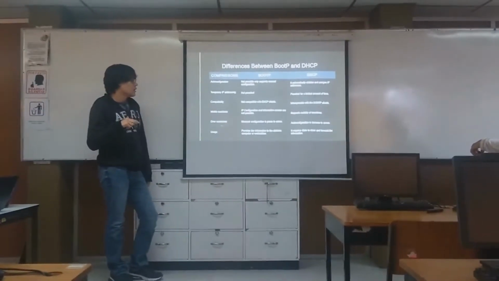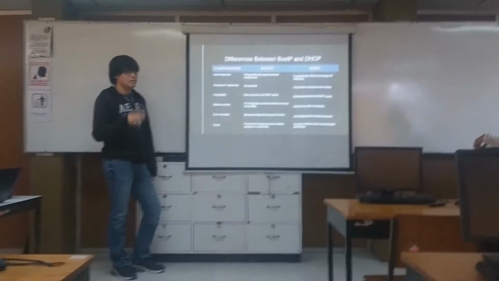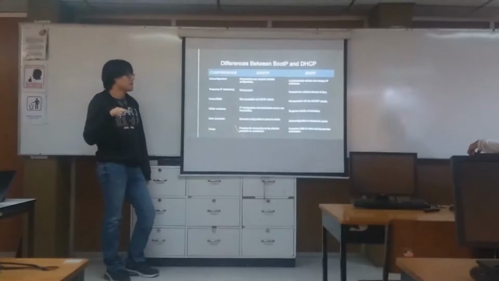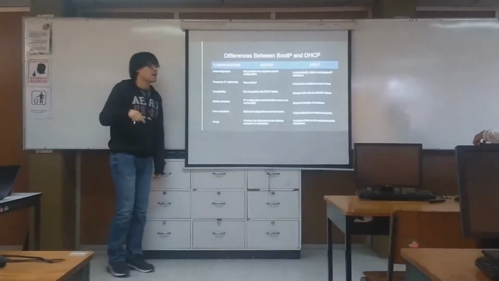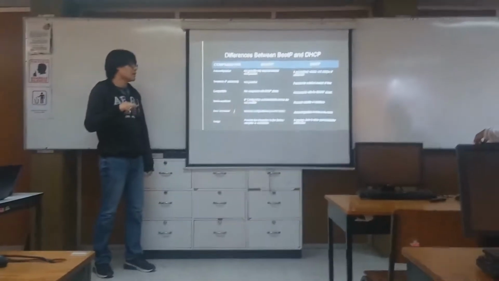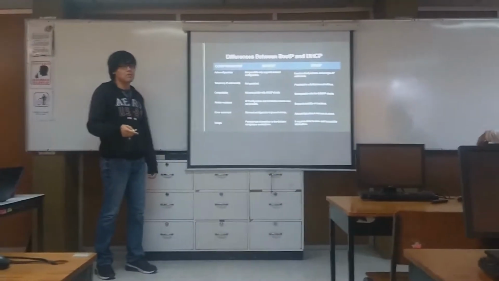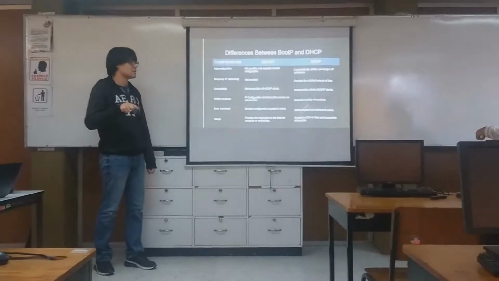Now, mobile machines, like I said, this is a static method of giving the IPs to the devices. It doesn't give much IP to the mobile devices, something that the DHCP does.